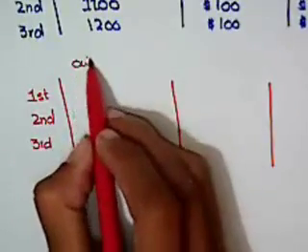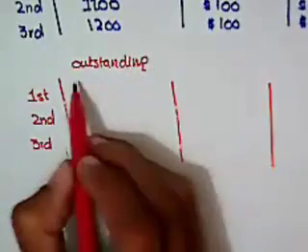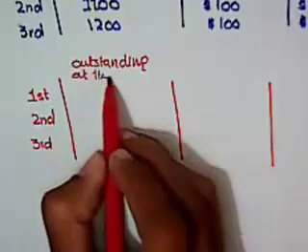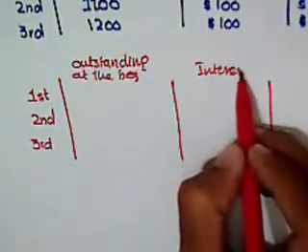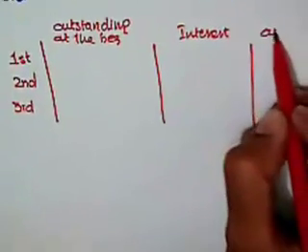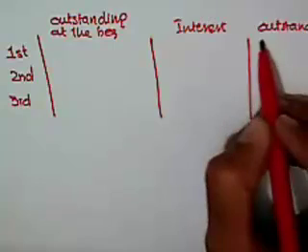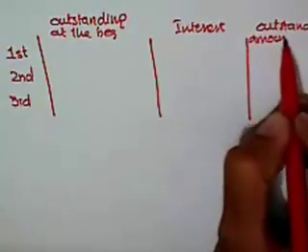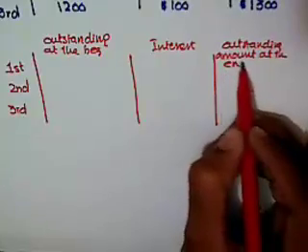This is outstanding at the beginning, this is interest, and this is outstanding value or amount at the end.